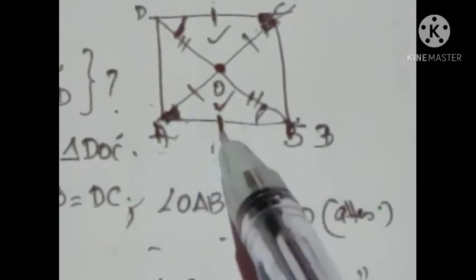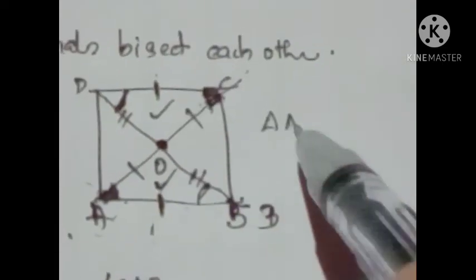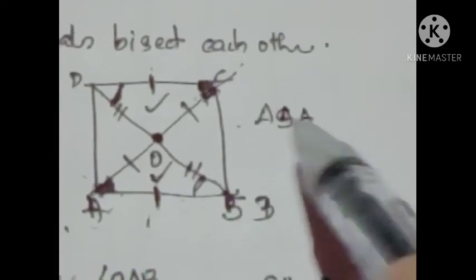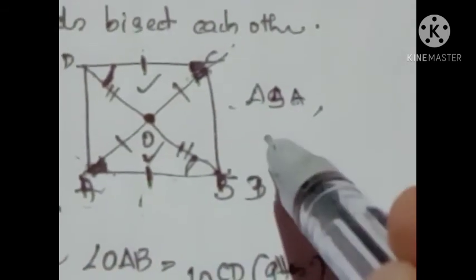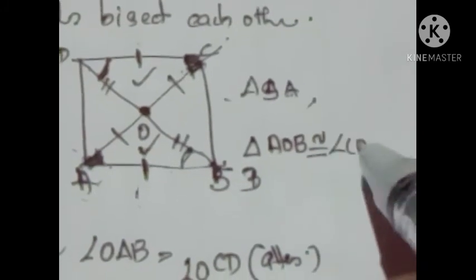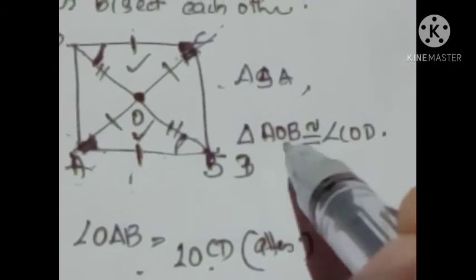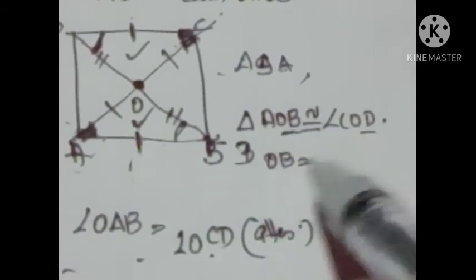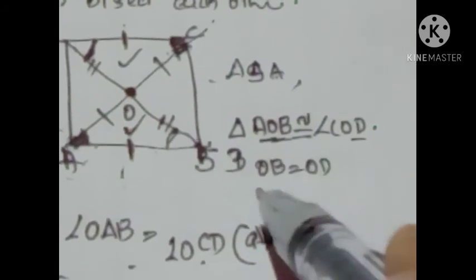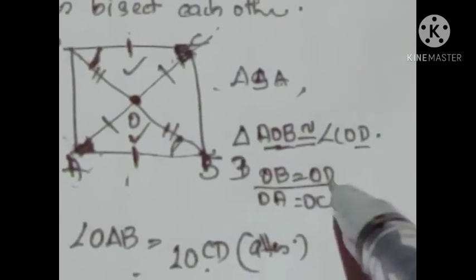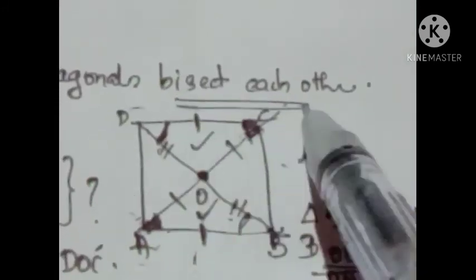So in this triangle, two angles and included side. Therefore, by ASA congruence rule, we can write triangle AOB is congruent to triangle COD. Now from here we can write easily by CPCT OB equal to OD and OA equal to OC. So OB equal to OD, OA equal to OC means diagonals bisect each other.